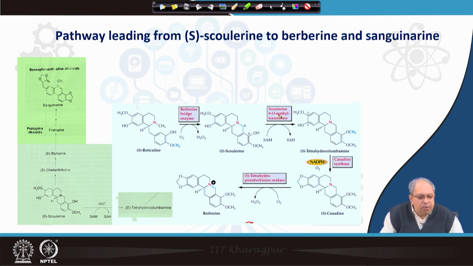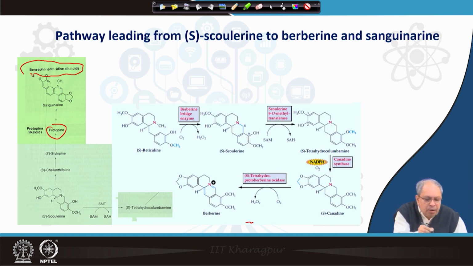Sanguinarine is a benzophenanthridine alkaloid, which is produced from scoulerine via protopine. So, there is the protopine group and the benzophenanthridine group, and the other route from scoulerine goes towards tetrahydrocolumbamine, and ultimately it forms berberine. Scoulerine originates from reticuline, and the enzyme is BBE, or berberine bridge enzyme, which I have mentioned.